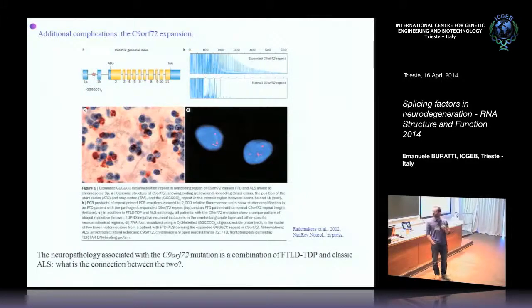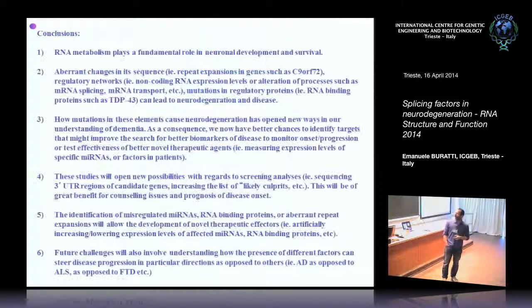So one of the things we are going to try to do using our aggregation model is to see, if you co-transfect with these C9orf72 repeats, whether you can increase the amount of aggregates, or what the connection between the two is. And basically, and I'll finish early, once you find a new player in the neurodegenerative field, you can use this information in a huge variety of ways.